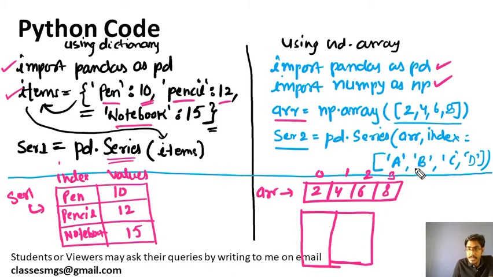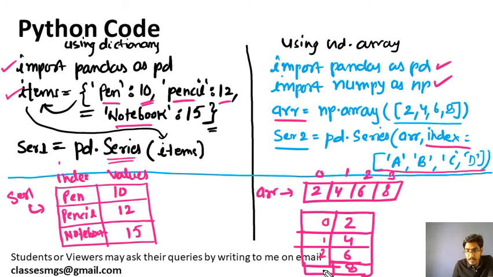If you don't pass this index a, b, c, d, then the series object will look like this: 2, 4, 6 and 8. And if you don't pass this index equals to this line, then the default index will be 0, 1, 2, 3.